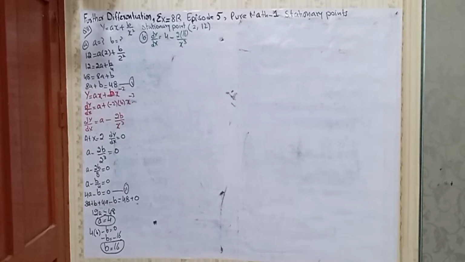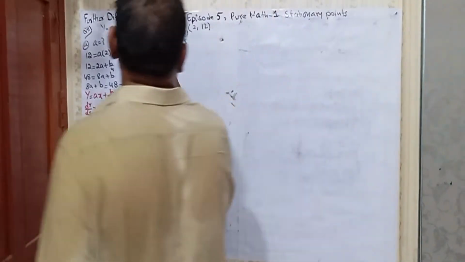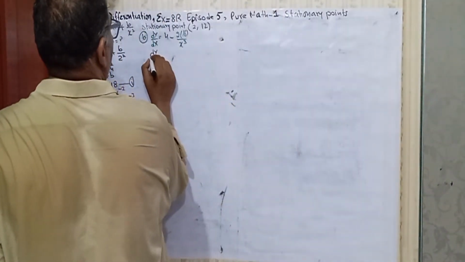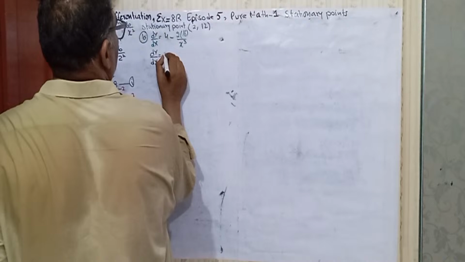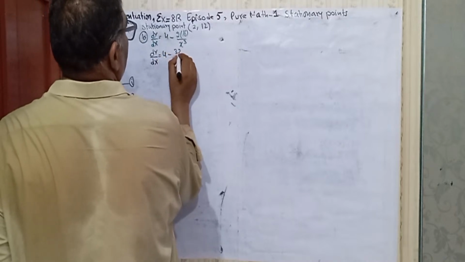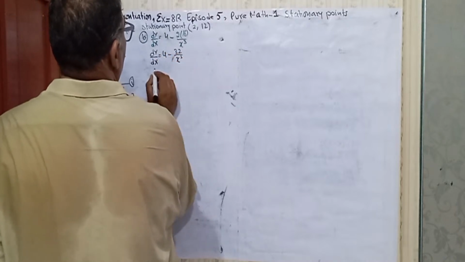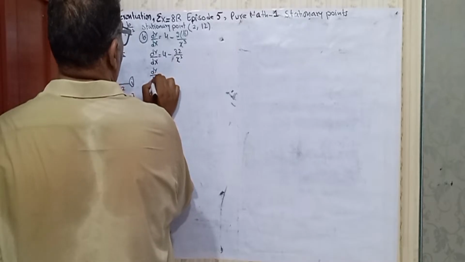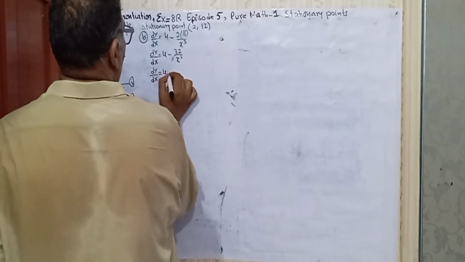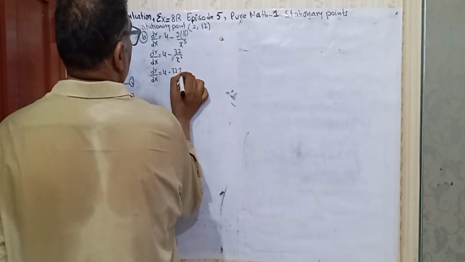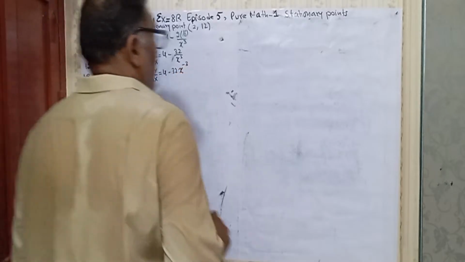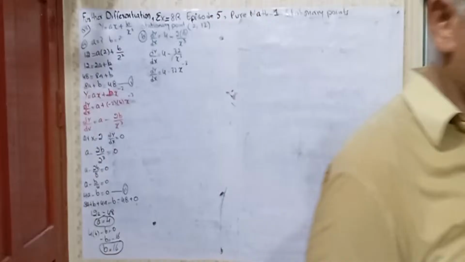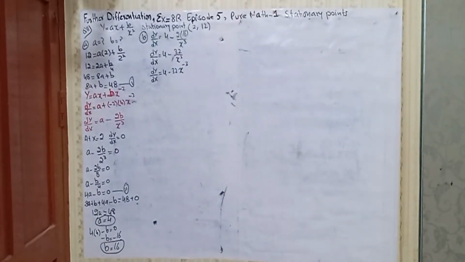And now let me work on it. Dy by dx will be equal to 4 minus 32 by x cubed. So dy by dx will be equal to 4 minus 32 into x raised to power minus 3. This is the expression for dy by dx. Now I will find the second derivative.